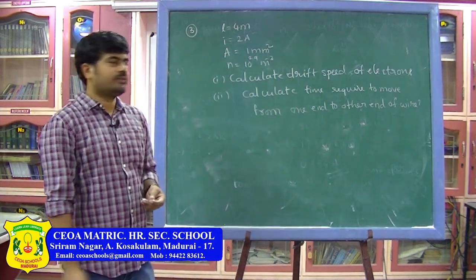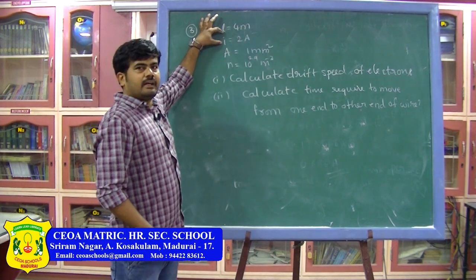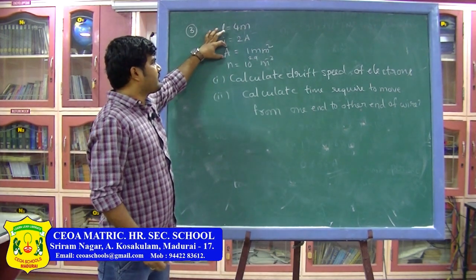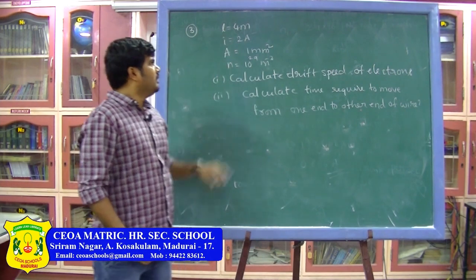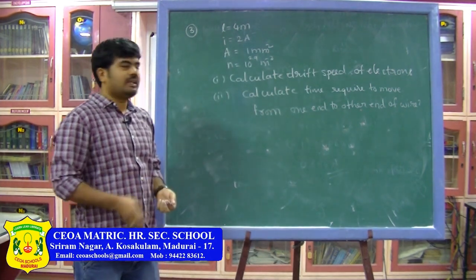So, these are the two questions. Given data: the length of the wire is given, the electric current through the wire is given, the area of cross section of the wire is given, and the number, that is the charge density of the material, is also given.